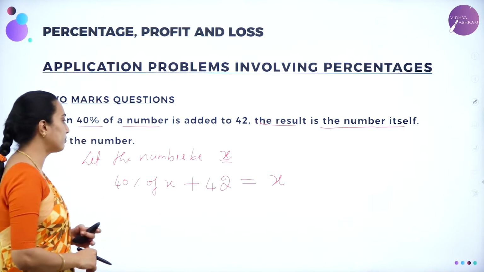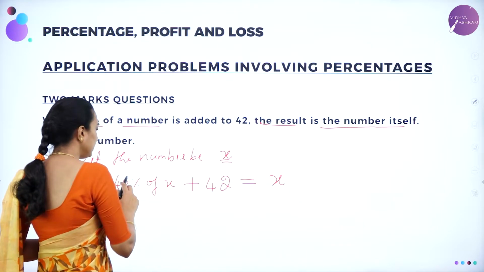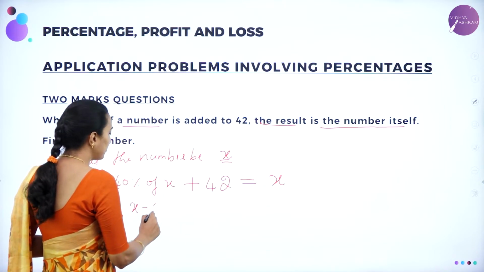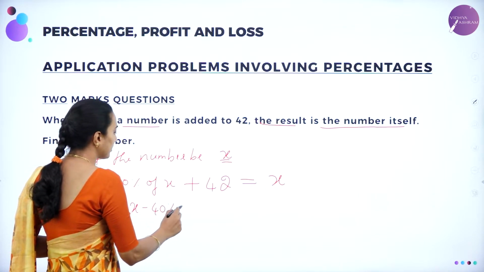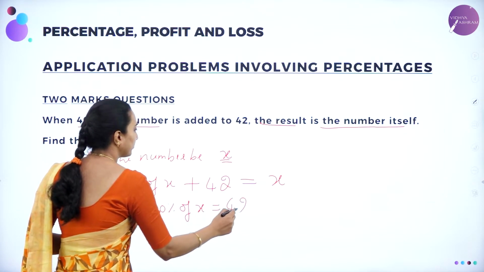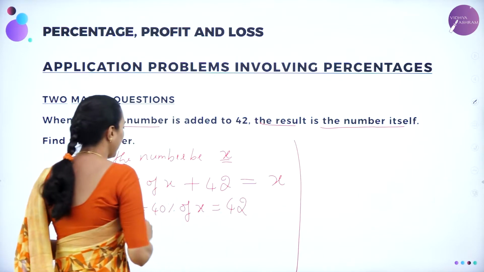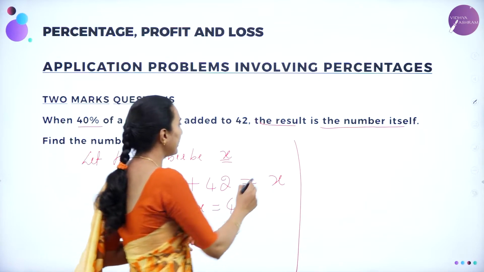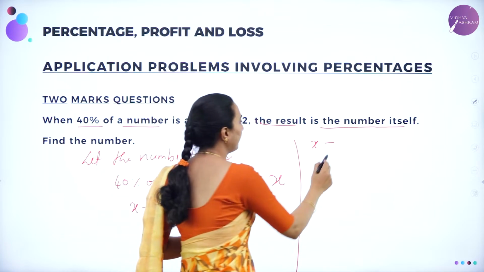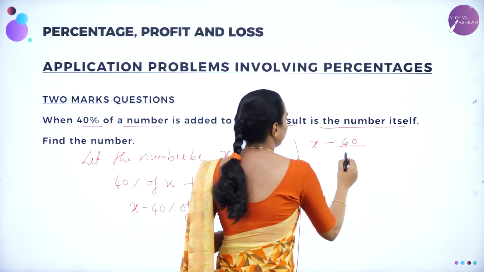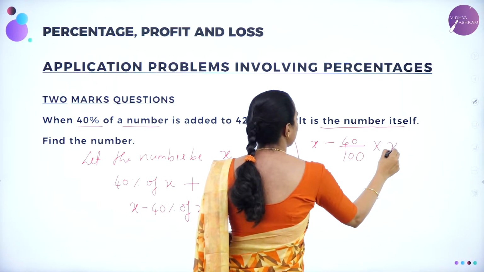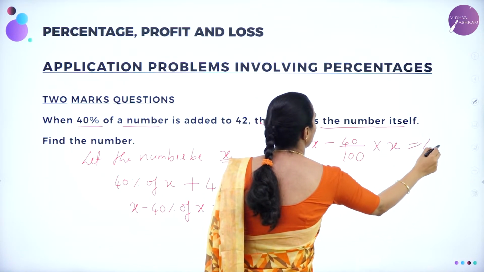You can find the x value by taking this 40% of x to that side, so it becomes x minus 40% of x is equal to 42. Now x minus 40% of x can be written as x minus 40 divided by 100 into x is equal to 42.